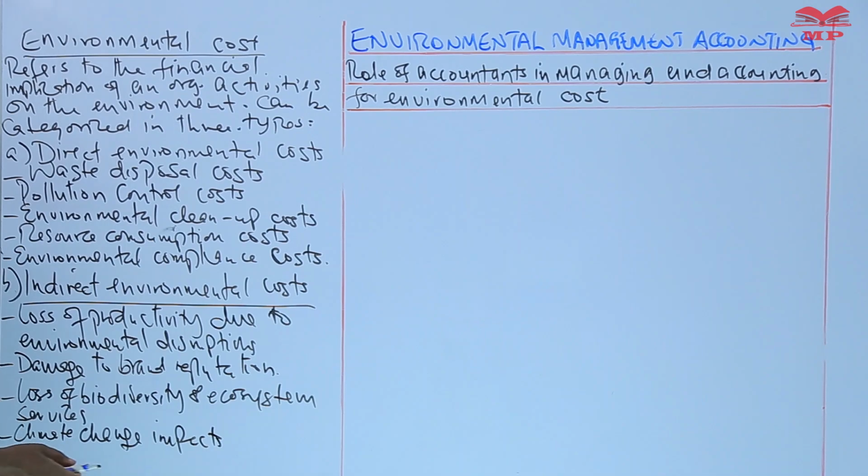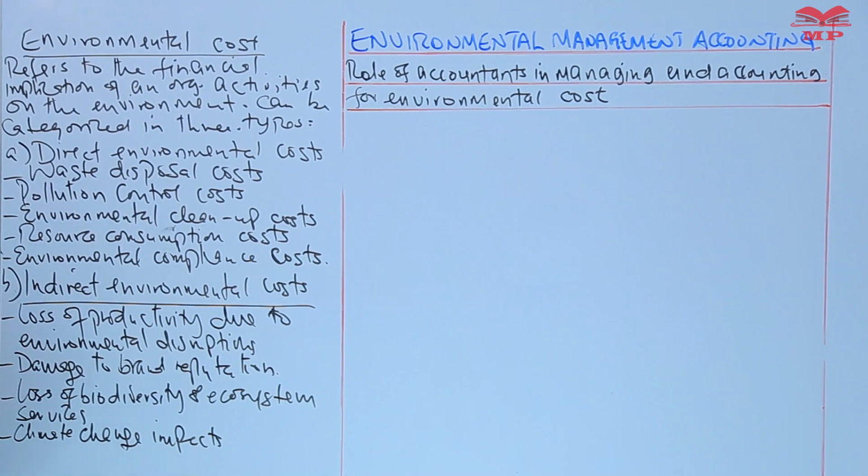Climate change impacts are costs associated with extreme weather events, rising sea levels, and other climate change related disruptions which could affect infrastructure, which could affect operations, and which also could affect supply chains. So these are 4 examples of indirect environmental costs.